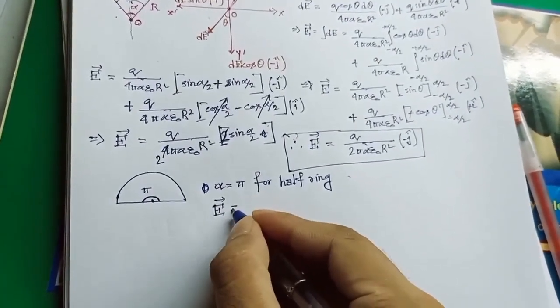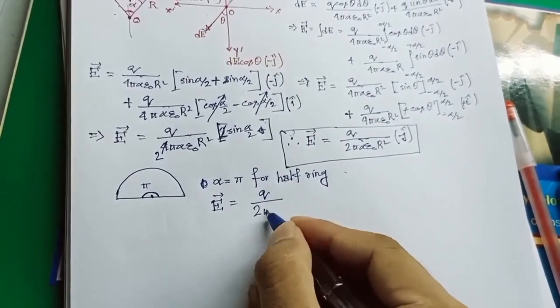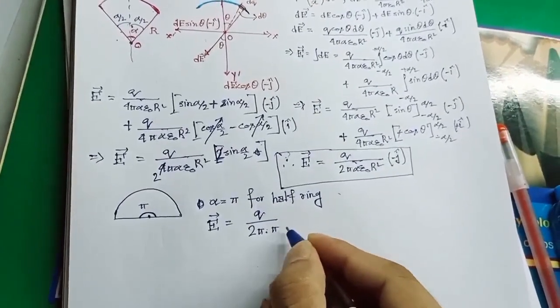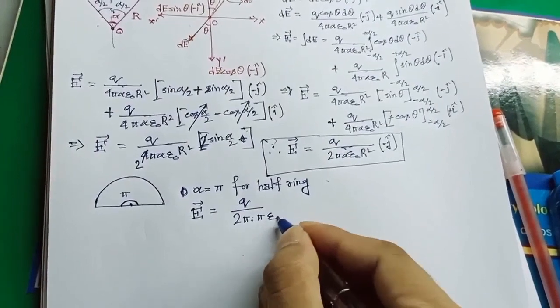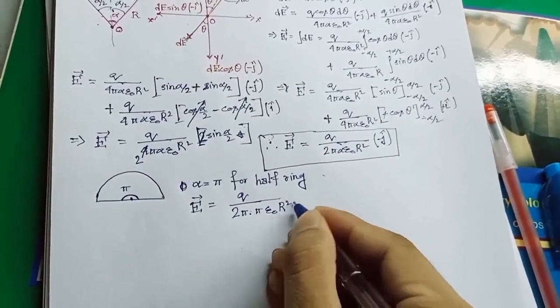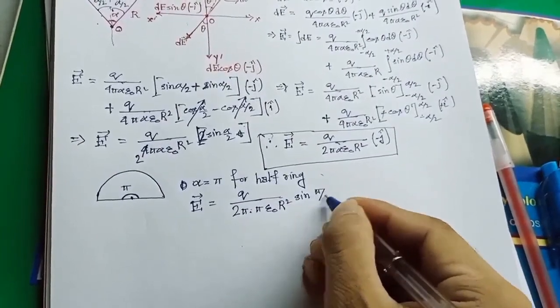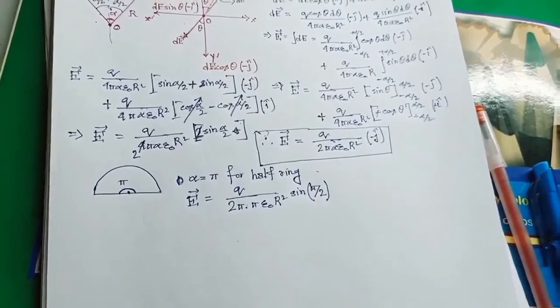Now if we substitute the value of alpha in our previous equation, then our electric field will be E equal to q divided by 2 pi into pi, that is 2 pi square epsilon naught r square, into sine pi divided by 2. Now as we know, sine pi divided by 2 is equal to 1.